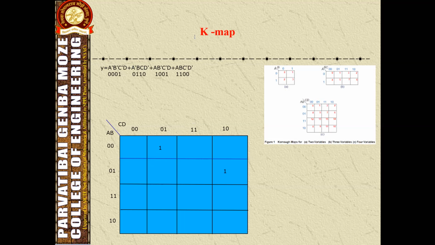The next, A, B bar, or which is having 1, 0. So 1, 0 this row, and C bar D, 0, 1. So this cell should contain the number 1, and 1 1 0 0.